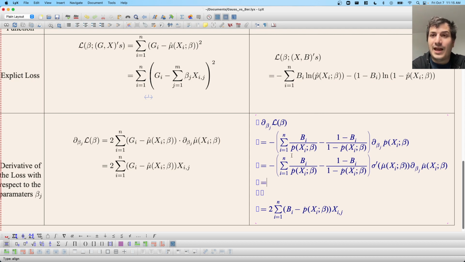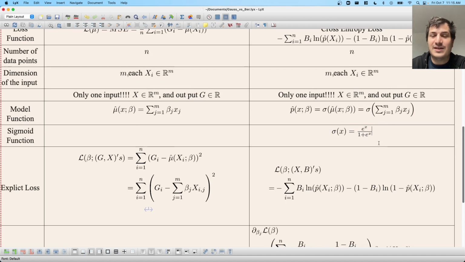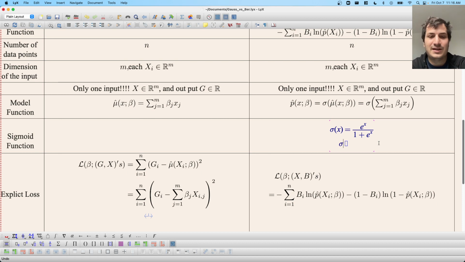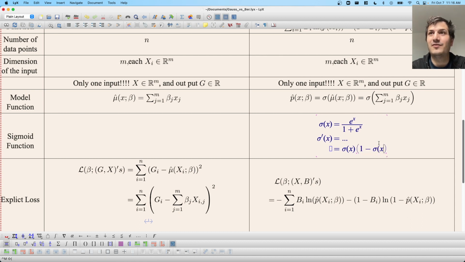And the insanity that happens is a nice formula for sigma prime. So if you try to work out sigma of x is this, if you try to do the derivative of sigma to get sigma prime, you can do it by quotient rule, derivative of the top, derivative of the bottom, etc. And you do some more stuff. You will eventually find that the derivative can be written as sigma of x times 1 minus sigma of x.